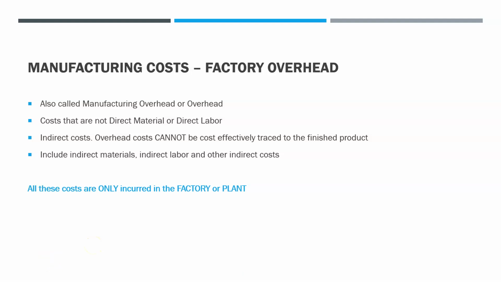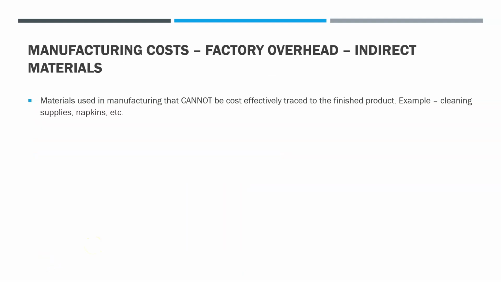Let's look at indirect materials next. Now, indirect material is a factory overhead, but we are classifying it further. These are materials that are used in manufacturing that cannot be cost effectively traced to the finished product. For example, cleaning supplies and napkins that are used in the factory. They're still necessary for the product to be manufactured, but they are not in the final product.